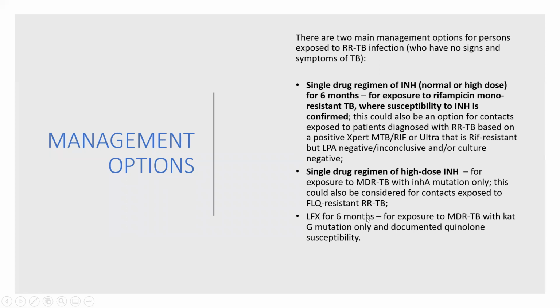So you can give levofloxacin for 6 months for those patients with a katG mutation documented, where quinolones are susceptible. So these are the three options: your single drug regimen with normal INH, higher dose INH, levofloxacin, or levofloxacin with high dose INH together.